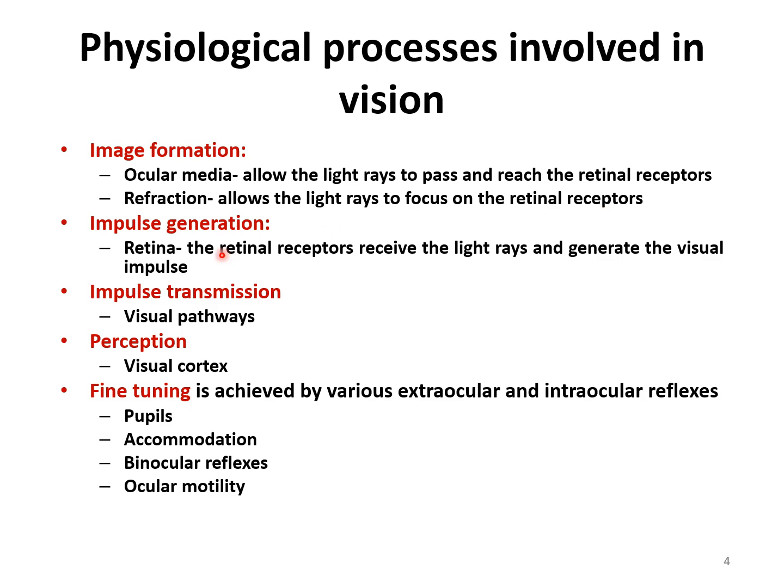The retinal receptors receive the light rays and generate the visual impulse, which is transmitted through the visual pathways and perceived at the level of the visual cortex. Fine-tuning is achieved by various extraocular and intraocular reflexes: the pupils, the accommodation, the binocular reflexes, and ocular motility.